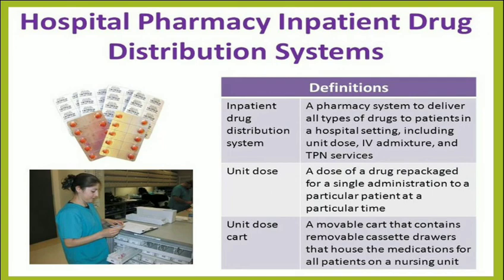Unit dose means a dose of a drug repackaged for a single administration to a particular patient at a particular time. Unit dose cart means a movable cart that contains removable cassette drawers that house the medications for all patients on a nursing unit.